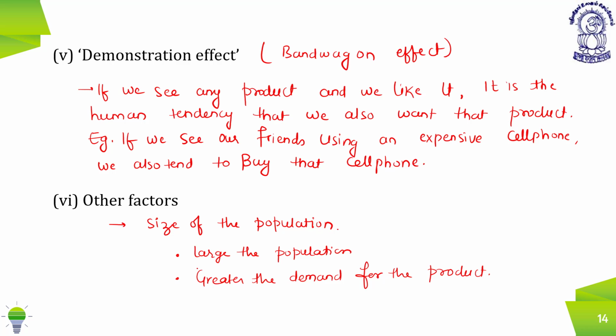Supposing there is a country with a large population like India and China, because the population is large, the demand for the product is also large. But supposing there is a small populated country like Ghana, in that case the demand for the product is low.